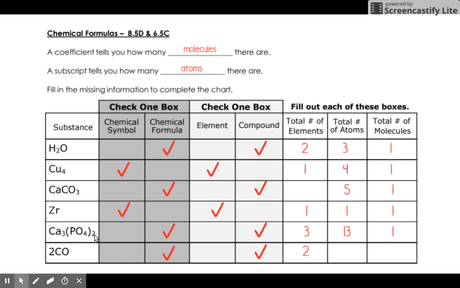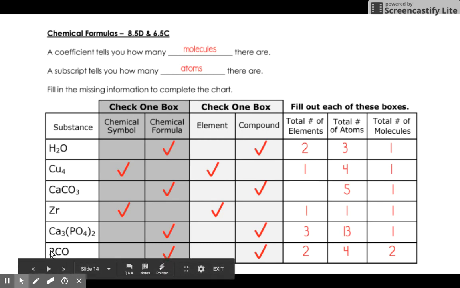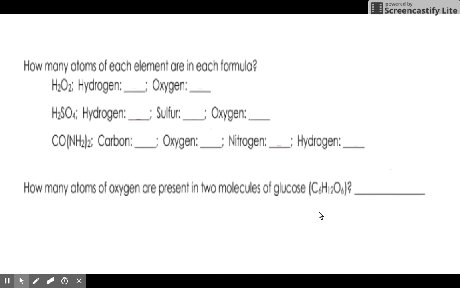There are 4 atoms, and there's a total of 2 molecules because there is a coefficient in the front of this chemical formula. All right, how many atoms of each are in each formula? Go ahead and pause the video so that you can get that information together with your group or work with your teacher.